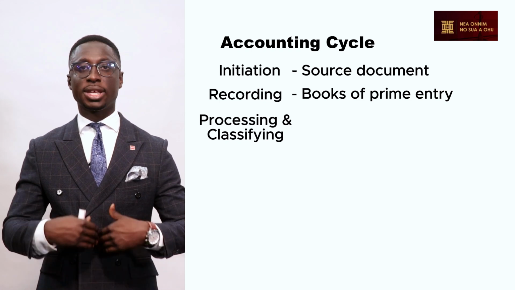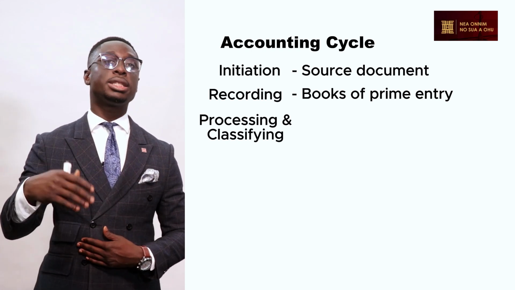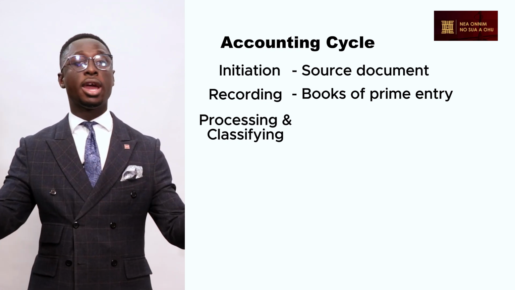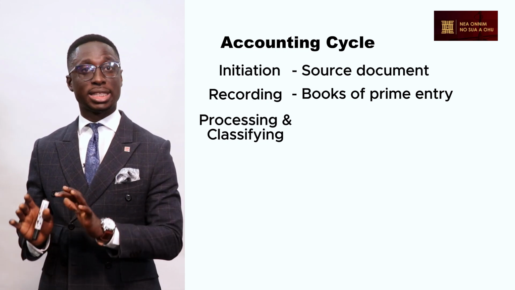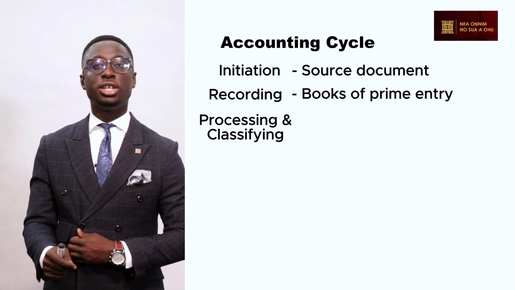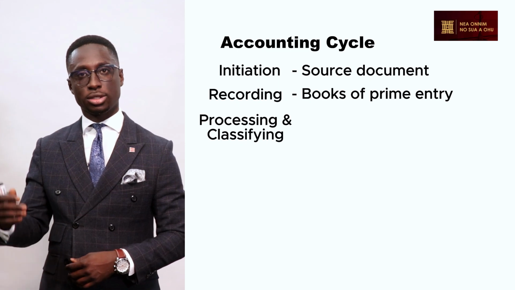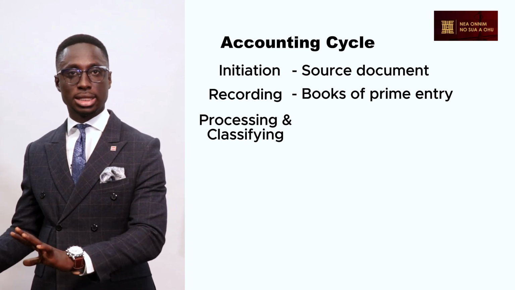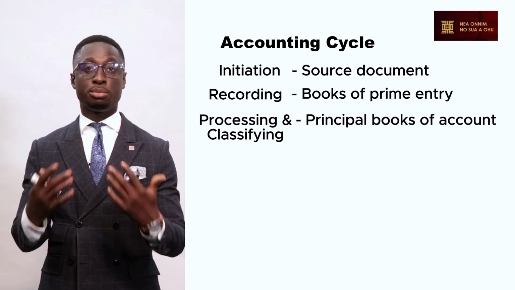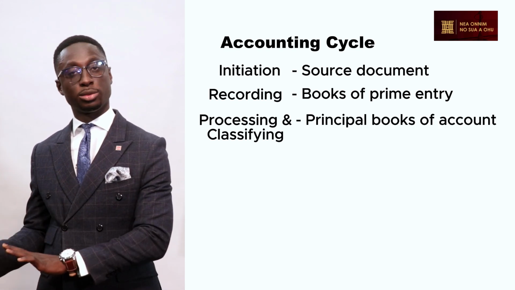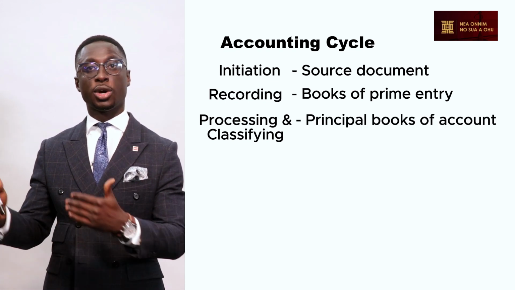So you see, you have originally recorded it in the books of prime entry, every transaction. But now, specific to the account that is impacted, you need to now record the transaction into those designated accounts. And those accounts are what we call the principal books of accounts.